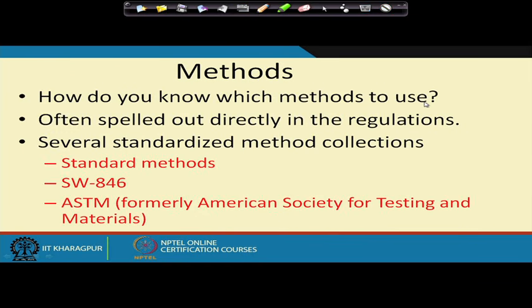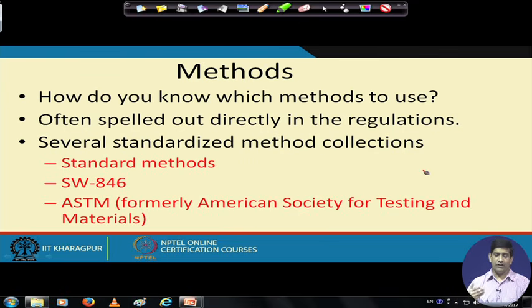Once you do the sample preparation, you have to use certain methods for the analysis. When we talk about these methods, there is a standard method we talked about. How do you know which method to use? Typically in the regulatory world, they will tell you what methods to use, and you can use the standard methods book to find out which method is being done.